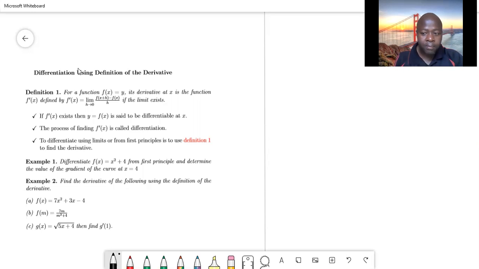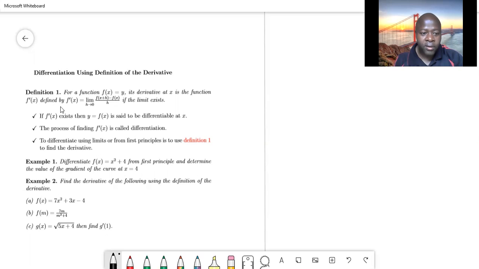So before we look at examples on how to differentiate using the definition of derivative, we would first of all want to define what a derivative is. If you're given a function f of x, then its derivative at a point x is defined by f prime of x, which is given by the limit of f of x plus h minus f of x over h as h tends to 0.